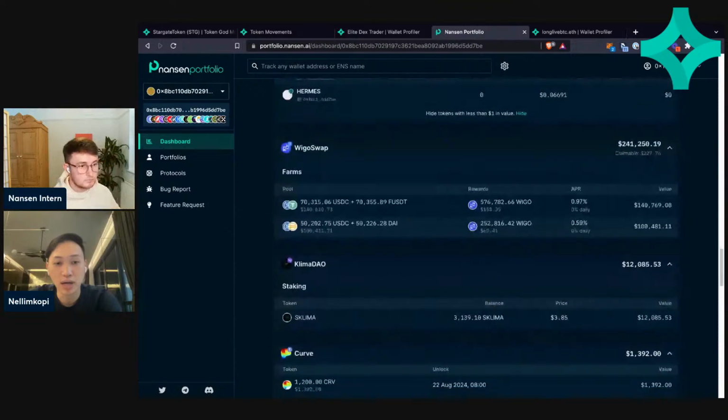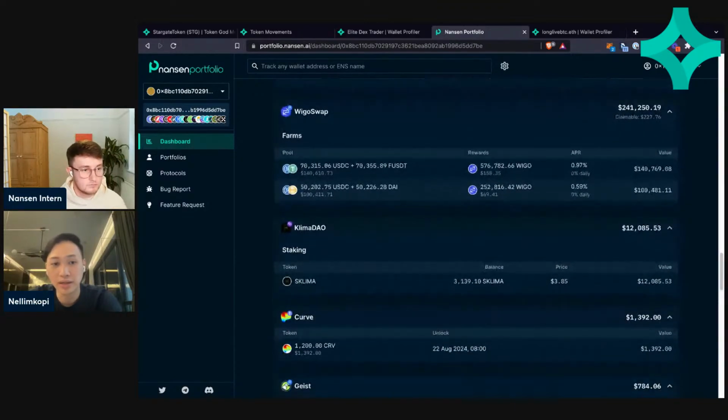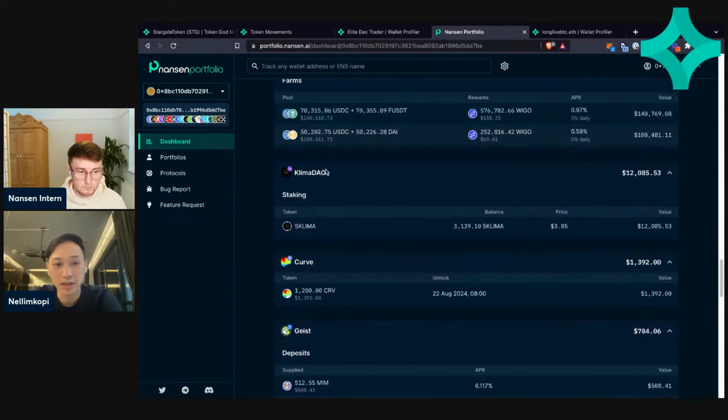To spot other opportunities or other things that they have been doing, start doing your research and add that to your research list at least. So for example, Wigo Swap, you can see he has quite a good amount of position, 240,000 in this protocol, and Tima DAO as well, stuff like that.